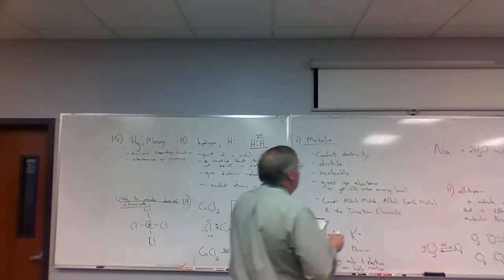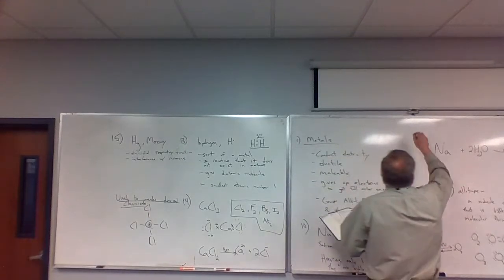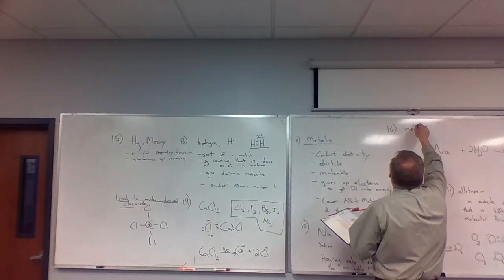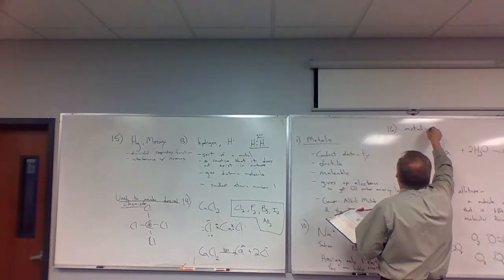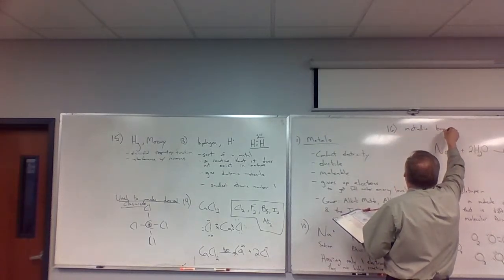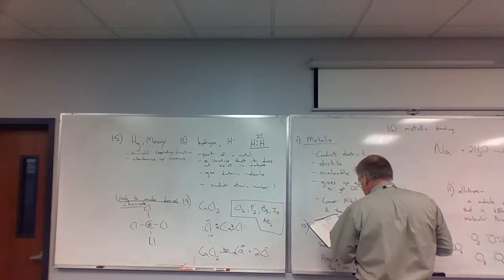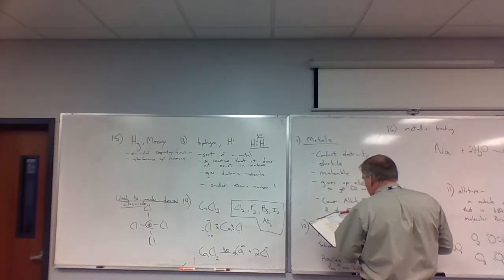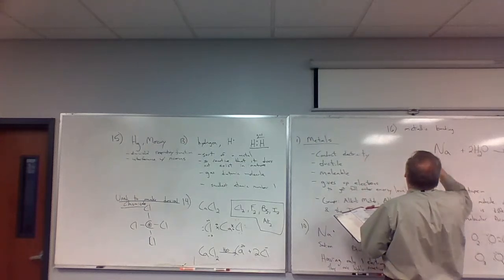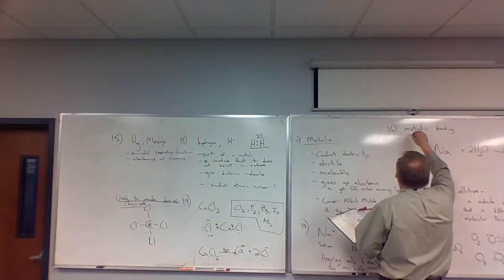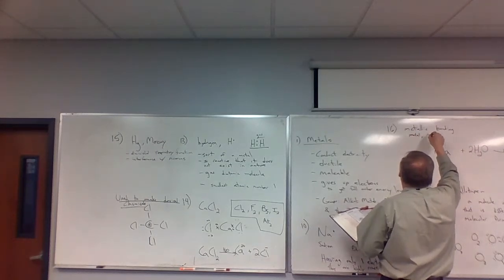Let's see, I'll come over here for number 16. We're going to write metallic bonding, and the properties of the material with these bonds are, it's a metal, right? It's highly reactive.